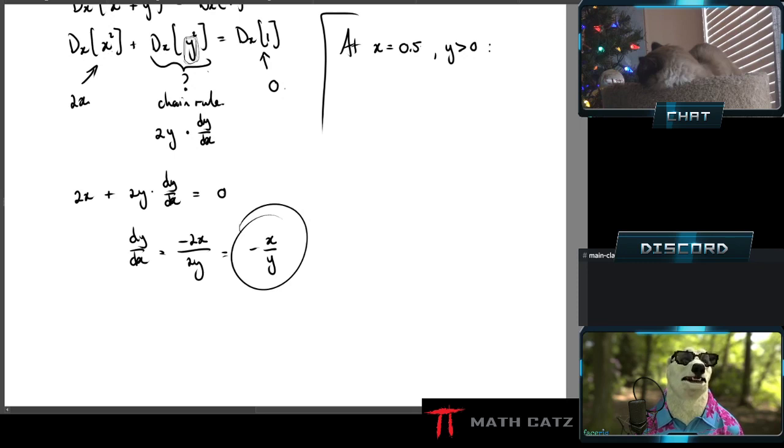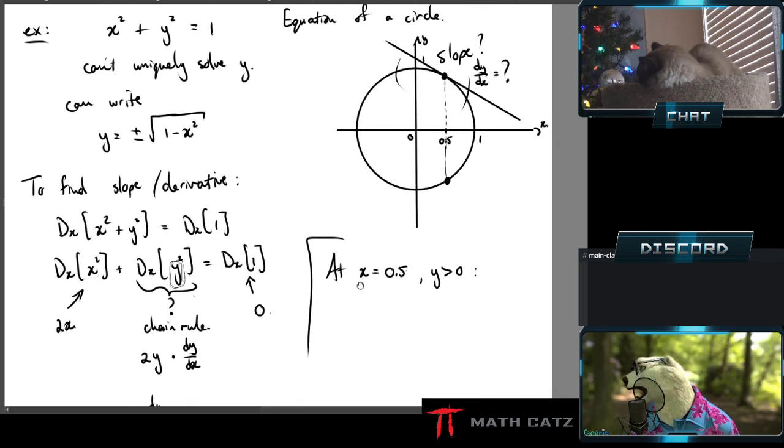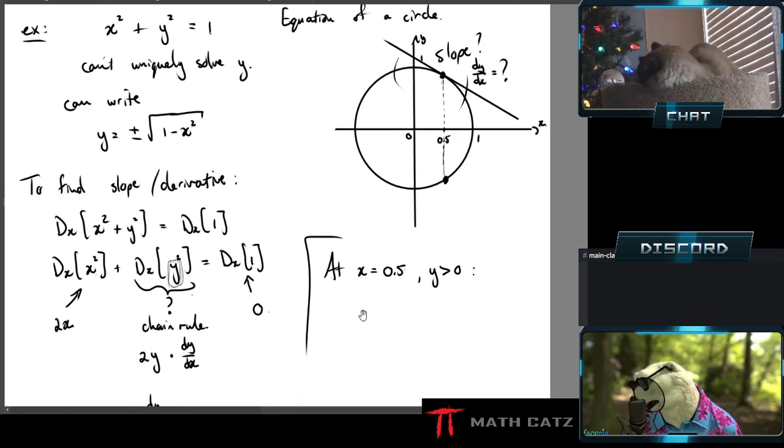If you want to find the slope of the tangent line, you're going to have to give me both coordinates. Okay, well then I go back to my original equation, plug in the x value, find the y value. So I get 0.5 squared plus y squared equals 1.